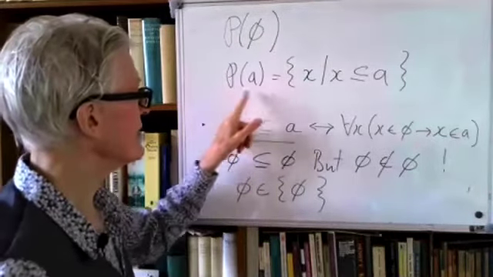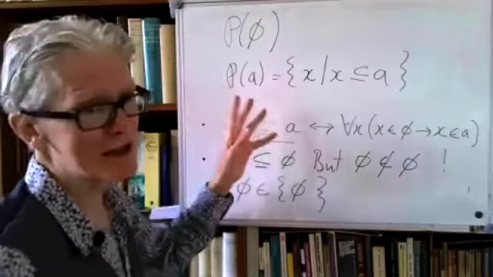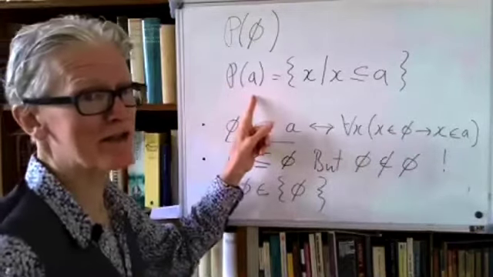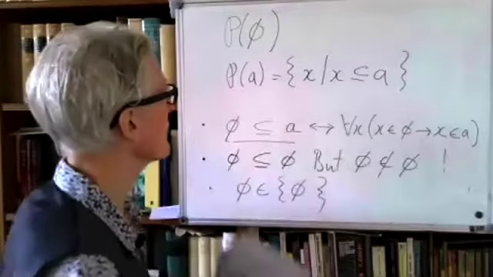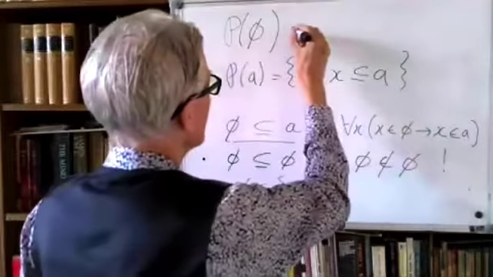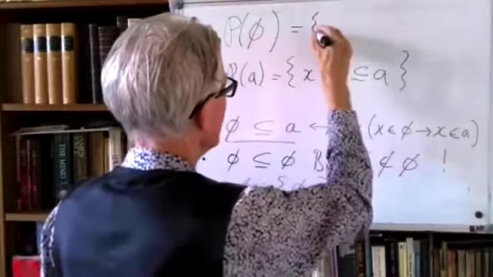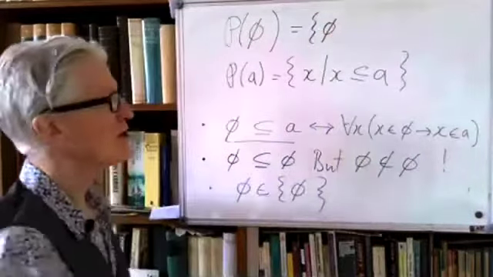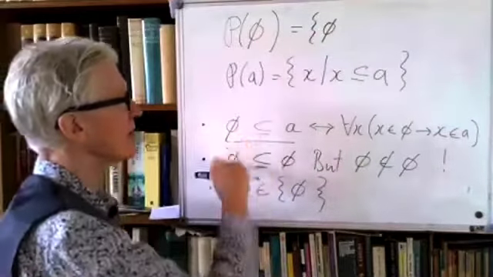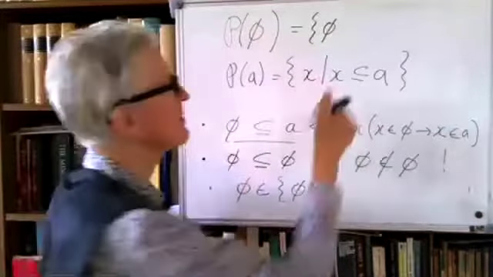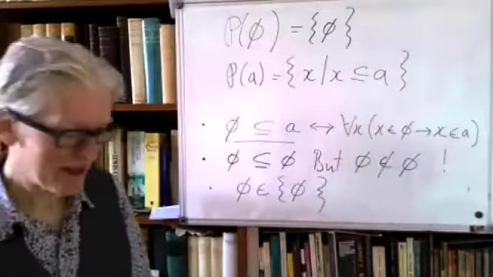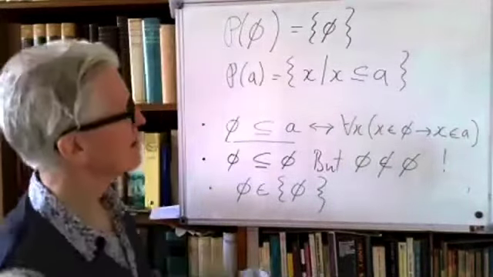So a power set of any set, there's always going to be two things in there, the empty set and the whole set itself, because A is a subset of A. So this is at least going to contain the empty set, because the empty set is a subset of this. But there's nothing else. So the power set of the empty set is just the empty set.